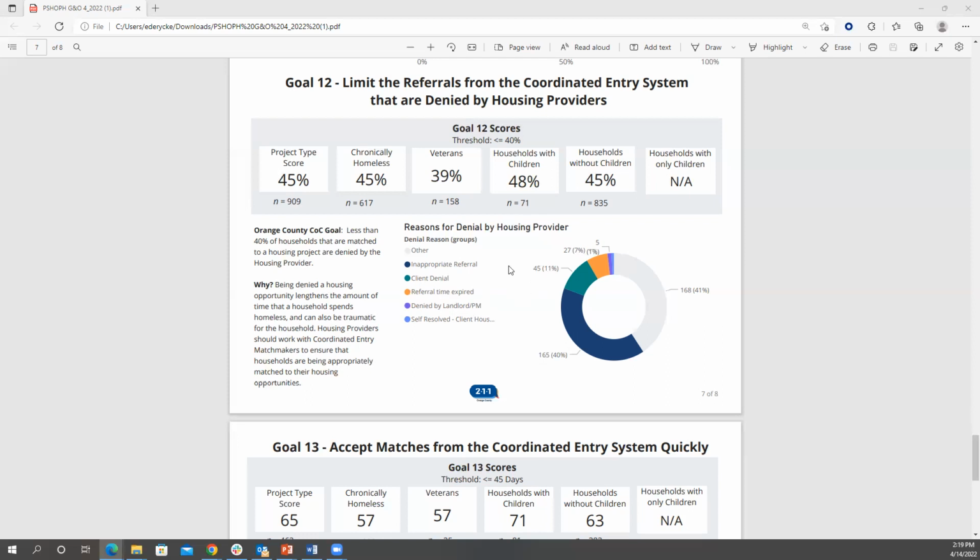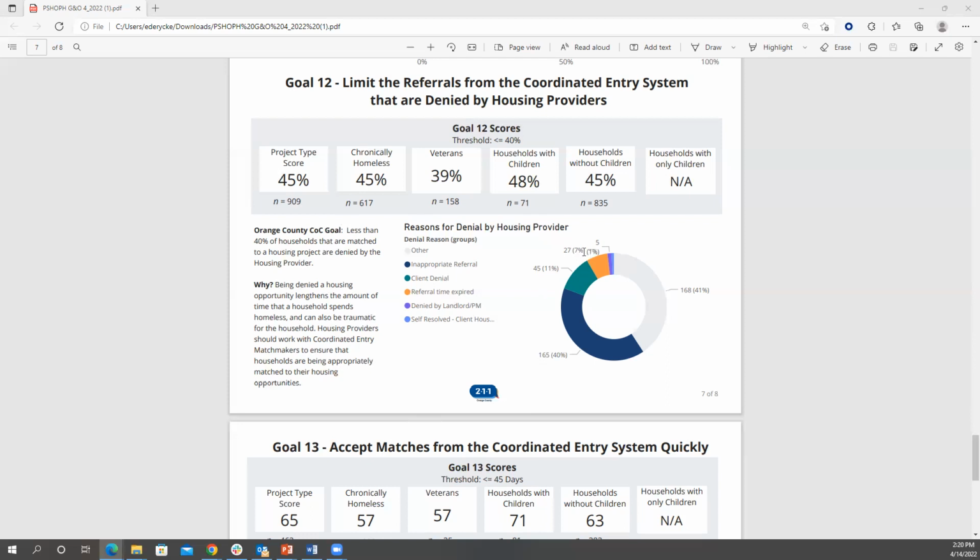You'll see here there are 45 clients that are client denial. In this case, the user selected housing provider when they should have selected client. That's data the agency should review and work on improving, because these are hurting your data unnecessarily right now.